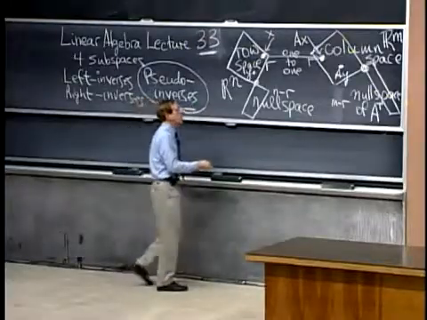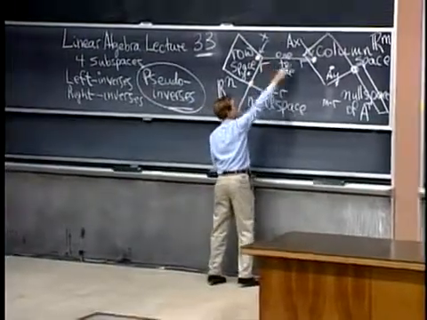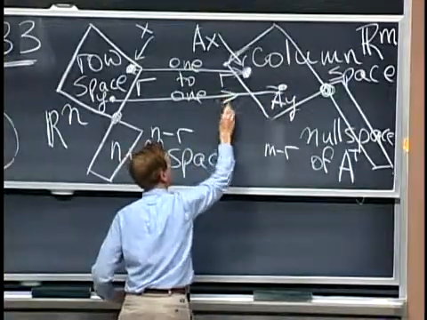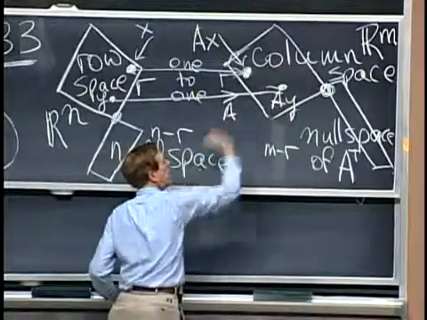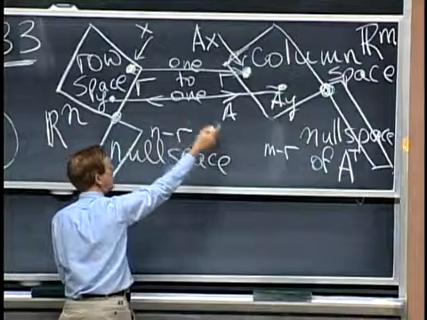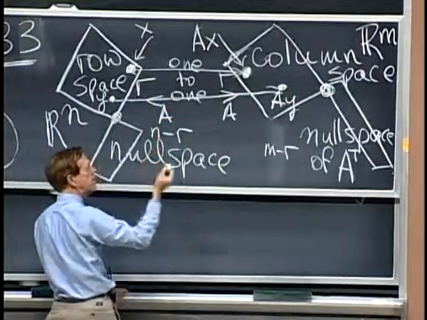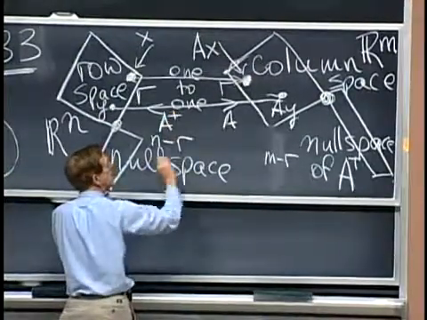It's the inverse. So A goes this way, from x to Ax, from y to Ay. That's A going that way. Then in the other direction, anything in the column space comes from somebody in the row space, and the reverse there is what I'll call the pseudo-inverse, and the accepted notation is A plus.